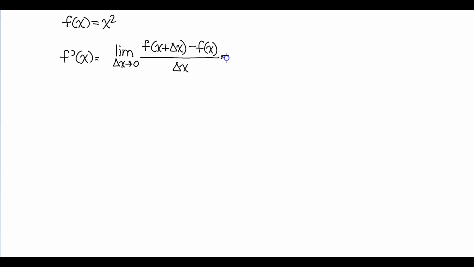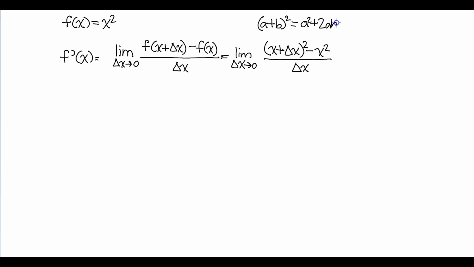Okay, so how are we going to tackle this one? First, we're going to evaluate the function for the terms in the numerator. So we have x plus delta x squared minus x squared over delta x. Now we're going to expand the squared binomial at the top. You can use the formula, which you probably remember from algebra, a squared plus 2ab plus b squared.